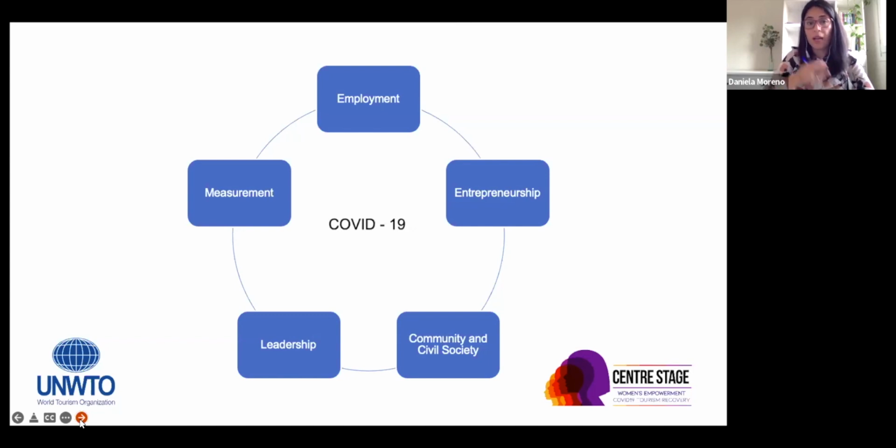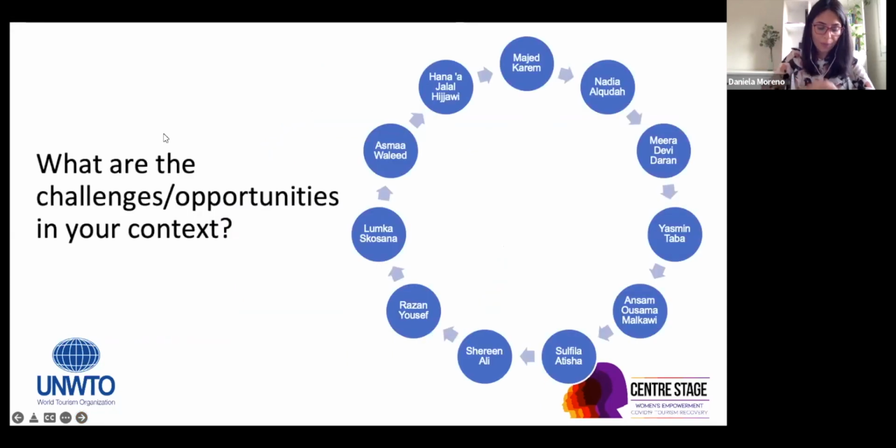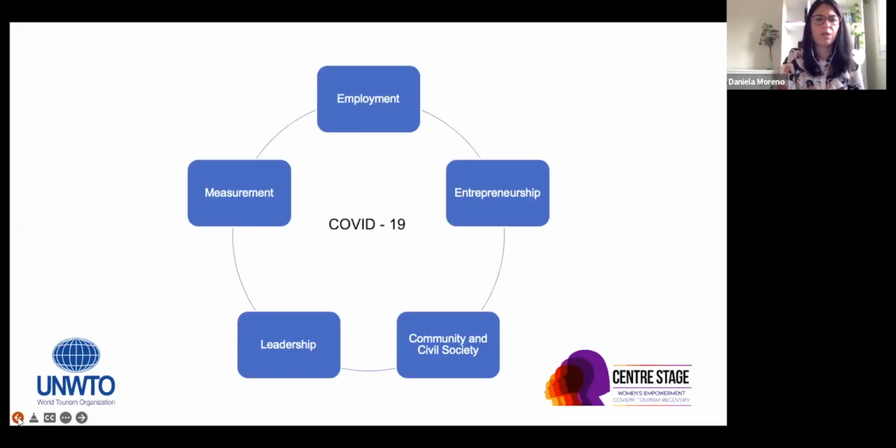So for example, as you can see in the second global report on women in tourism, globally, 54% of people working in tourism are women. Sorry, I don't know what happened here. So, sorry for this. So 54% of the people working in tourism are women.